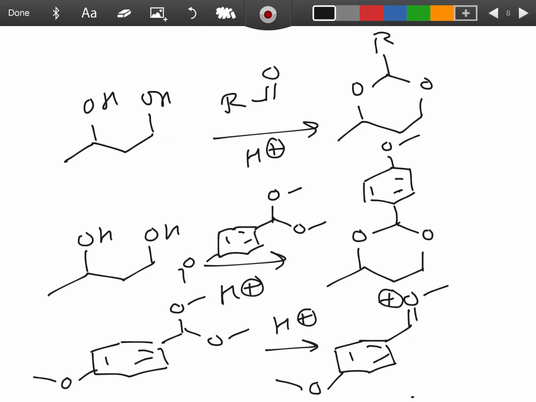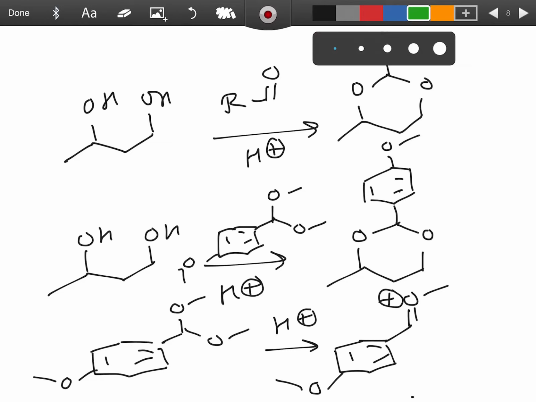So you get something that kind of looks like a carbonyl, but it's activated, right? It's got a methyl group on it, so it's O+. So it becomes easy for your alcohols to add to the carbonyl carbon. So this is just a way to kind of cheat how you get to a C double bond O and have it be more reactive, as opposed to just starting with the aldehyde and only having a proton to activate it.